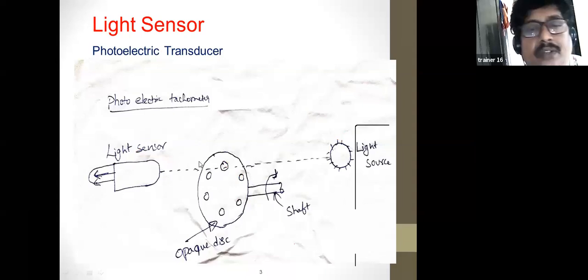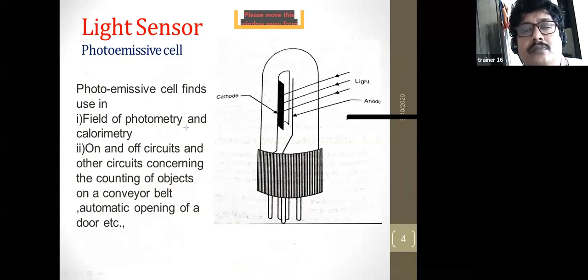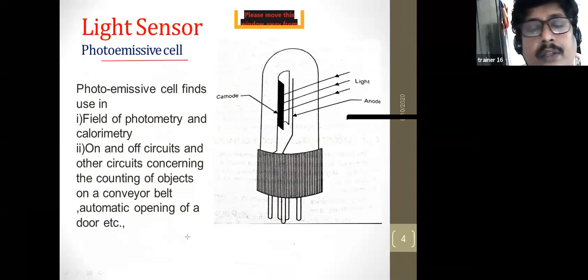Next, we come to the light sensor. All of you know the photo emission cell. The photo emission cell is one of the light sensors. In this photo emission cell, all of you know that a cathode is there.